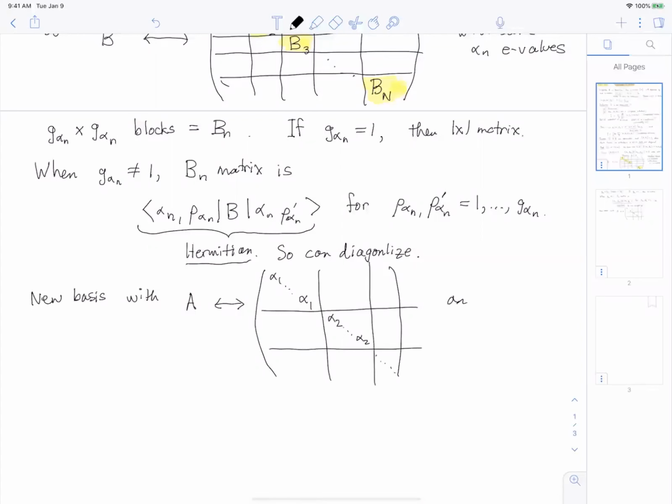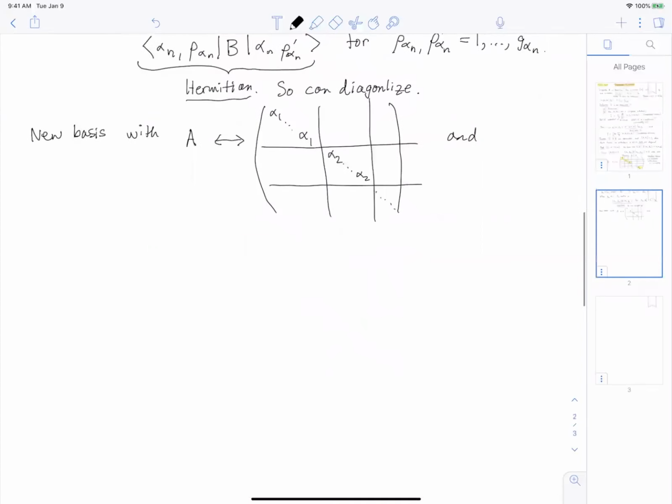And for the matrix B, its representation, that's the double arrow notation, which means the representation of the operator in a given basis, is going to look like β, the eigenvalue of B with a label α_1 telling you that it's in the subspace of α_1. This is the first one, and then there's β_α1,2, up to β_α1,g_α1, because there are g_α1 different betas in that subspace.